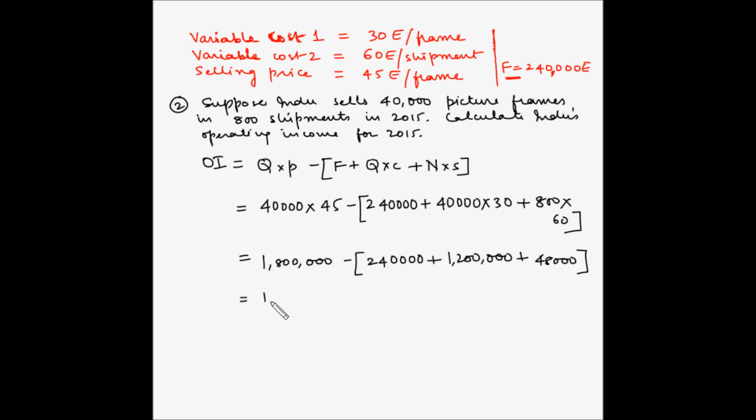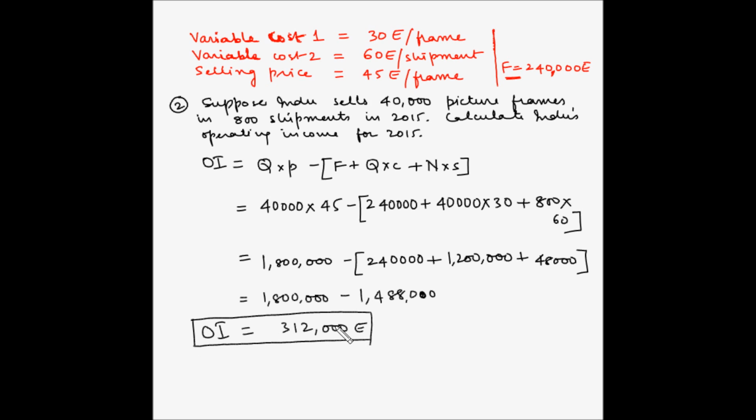So this is equal to 1.8 million minus 1.488 million. So this is equal to 312,000 euros. So now the operating income increased from 300,000 euros to 312,000 euros.